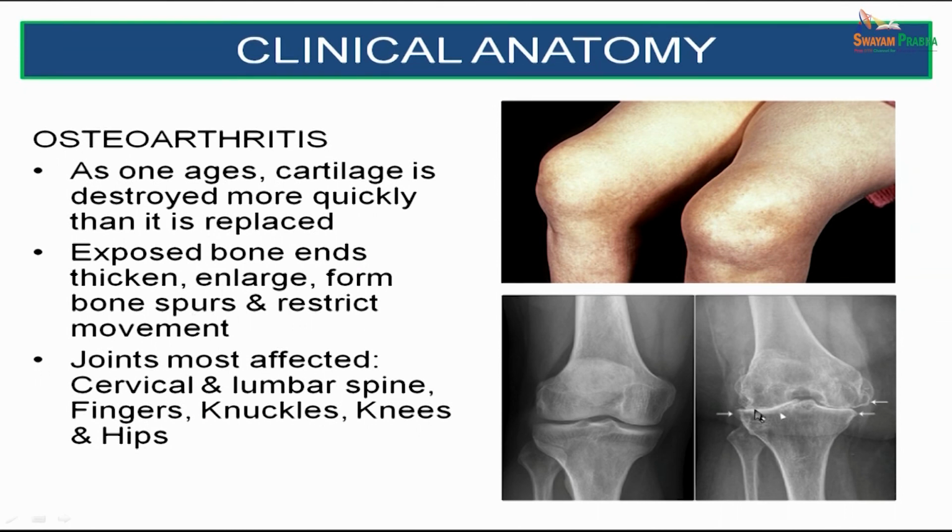If you see this X-ray of both the knees of the patient, you can see the irregularities and projections. These are called bony spurs. They restrict movement. Joints affected are usually of the neck region, the back, the fingers, knuckles, knees, hips.